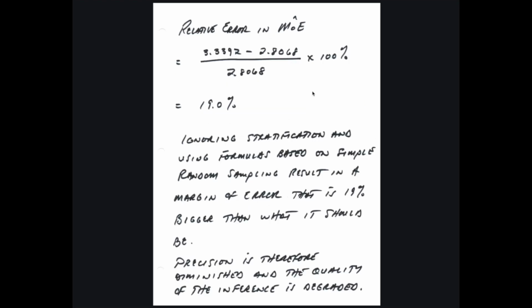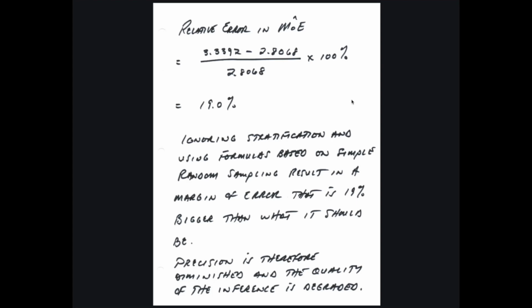And if we compare that to the margin of error that we got when we used the procedure for stratified random sampling, using the relative error, we get a relative error of 19%. What this is telling us is that ignoring stratification, using formulas based on simple random sampling alone, results in a margin of error that is 19% larger than what it should be.